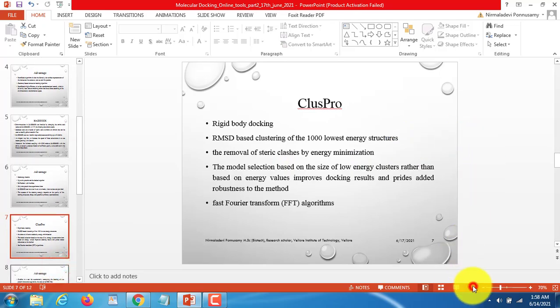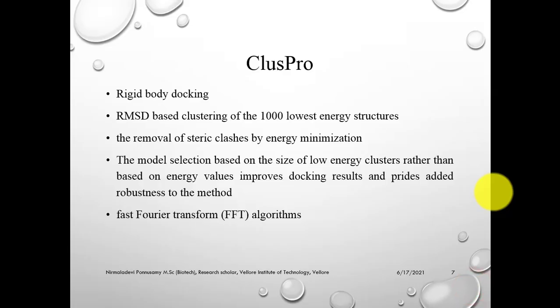And the third one is ClusPro. ClusPro is used to predict protein-protein docking. It also resembles ZDOCK. It is rigid body, and rigid body means inflexible: the proteins are inflexible when binding together. The RMSD-based clustering is done on the 1000 lowest energy structures.